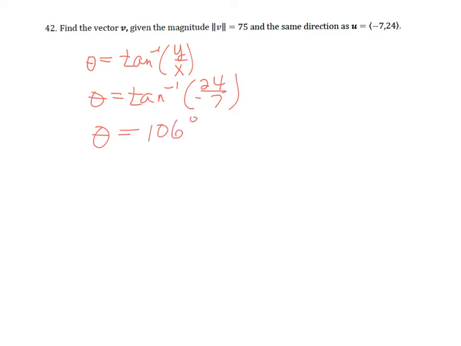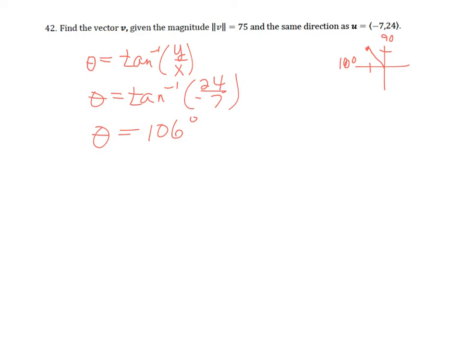Now take a look for just a minute. Our u vector is 7 to the left and 24 up. So it makes sense that our angle should be somewhere between 90 and 180. So it is 106. So we found the direction.